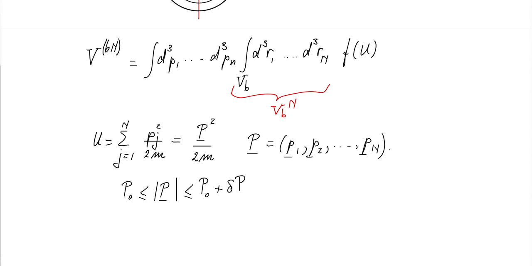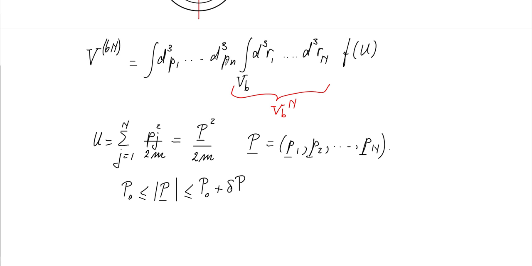So what we need to do now is the following. We need to integrate here over all these P's. That's the same as an integral over the space spanned by these vectors, capital P, but they should be restricted to this condition. So that means we are integrating them within a spherical shell. And so what we need to find here is the volume of that shell.